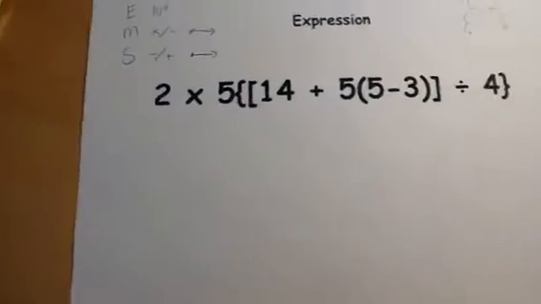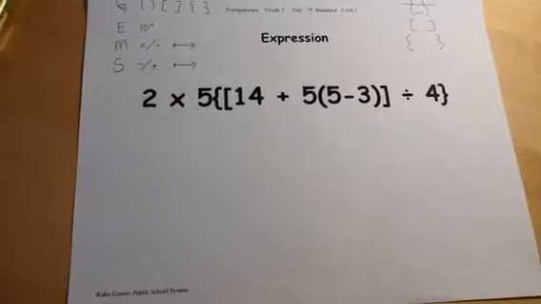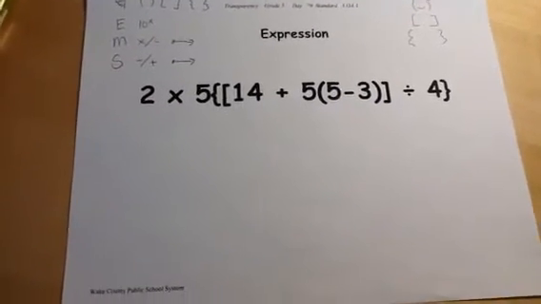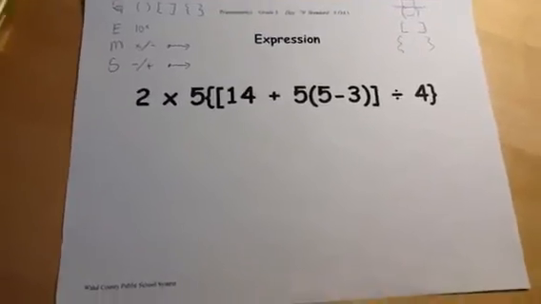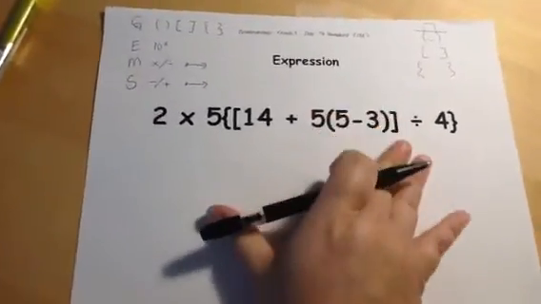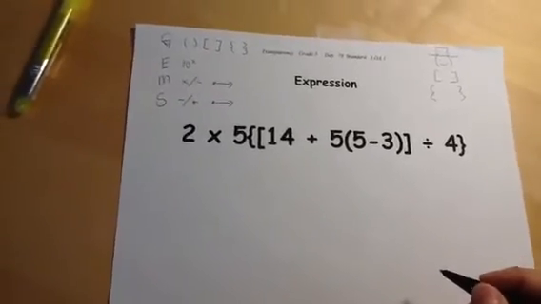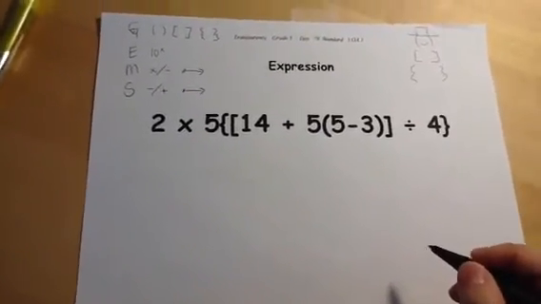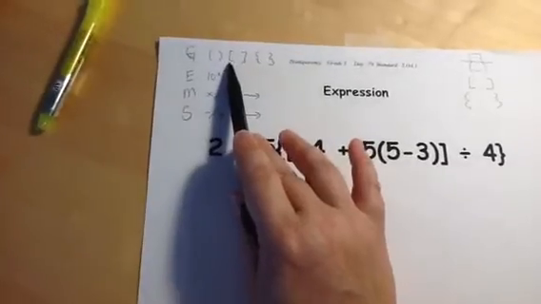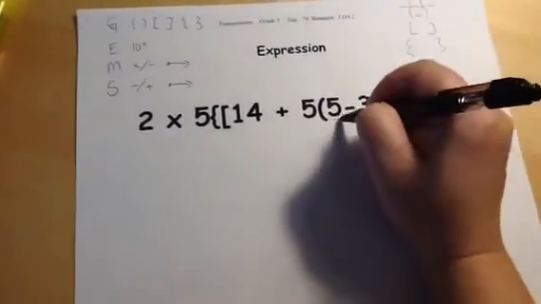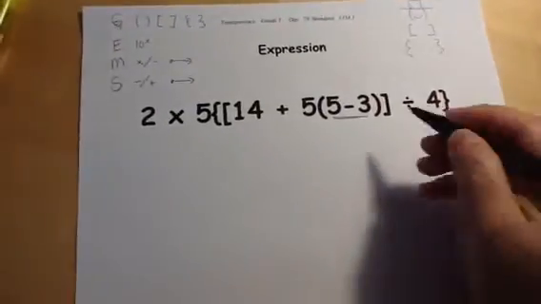All right. Now, the great thing about the grouping symbols is that they usually kind of fall in this pattern where it's from inside the problem to the outside of the problem. So that actually works in our favor. So again, the first thing that I see when I look over here at GEMS is grouping symbols, and I need to look for parentheses. And I see one set of parentheses.